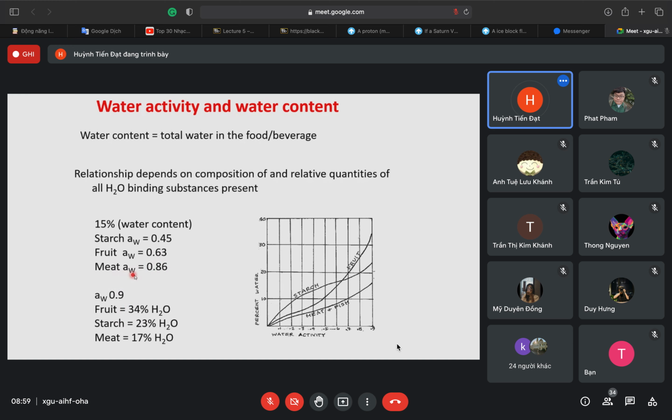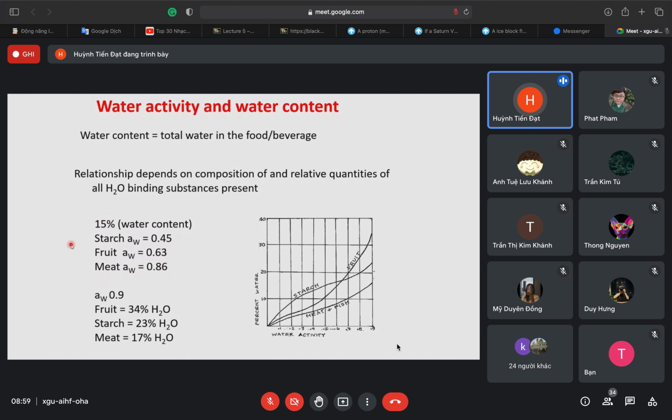It reflects the very high free water available in the meat, so you can predict the growth of microorganisms on the food. The meat is subject to more spoilage, the fruit less, and the starch very little. Understand, right?